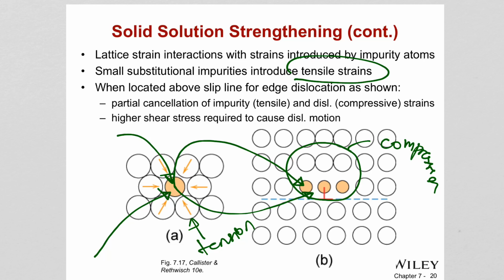So materials always want to go to a configuration where there is minimum energy. Therefore that tension-causing impurity will go to the compression-causing dislocation plane. Therefore it neutralizes the effect of each other, relieving the stresses.